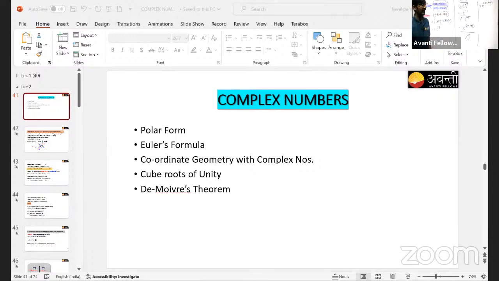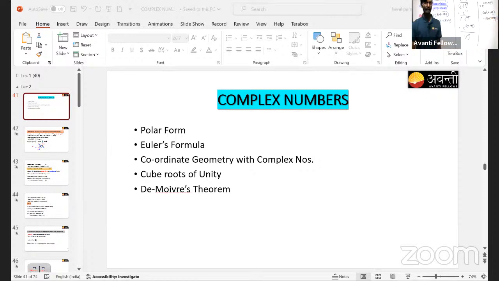If you want, we can write it in the expanded form, which is cos 4 alpha plus 8 beta plus I sine 4 alpha plus 8 beta.